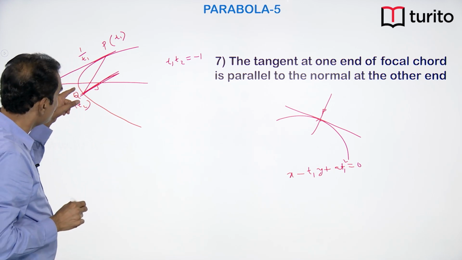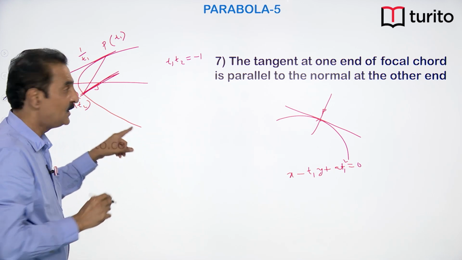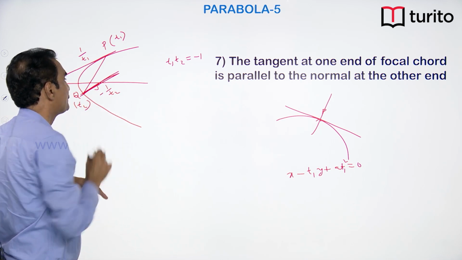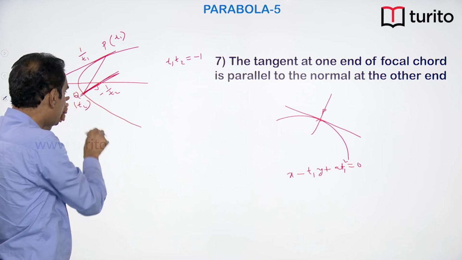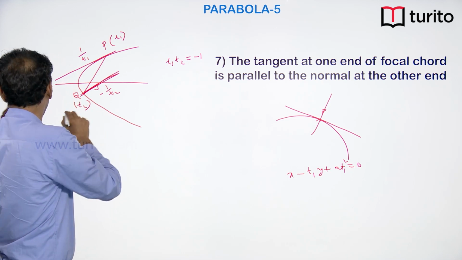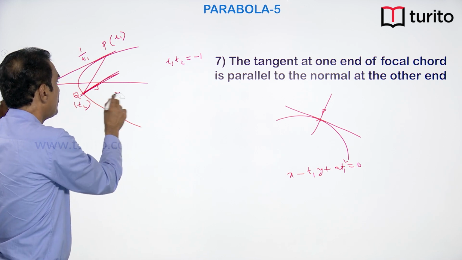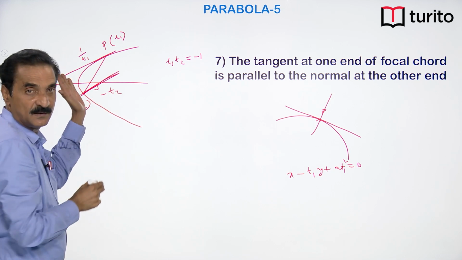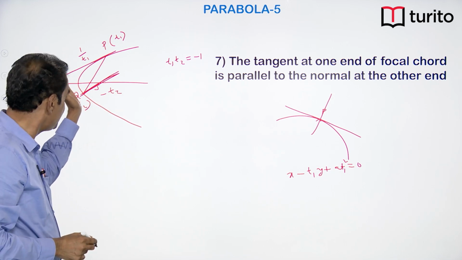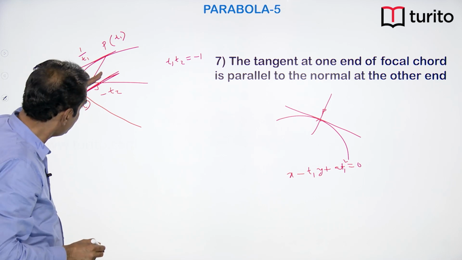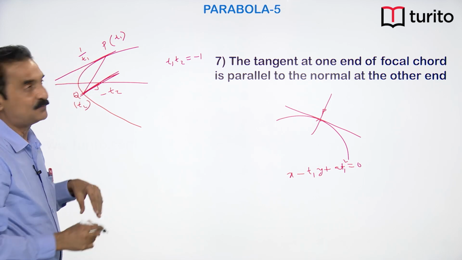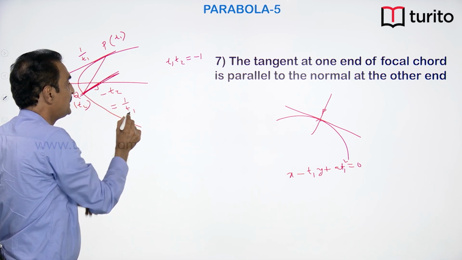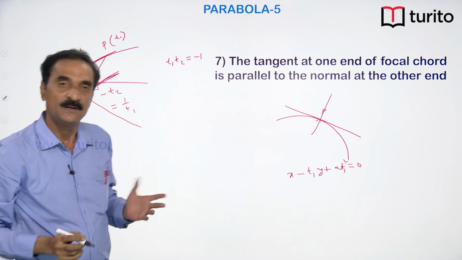Similarly, at Q, slope of the tangent is 1 by T2, so slope of the normal will be minus T2. Now minus T2 is equal to what? 1 by T1, and that means this and this are parallel. It is proved.